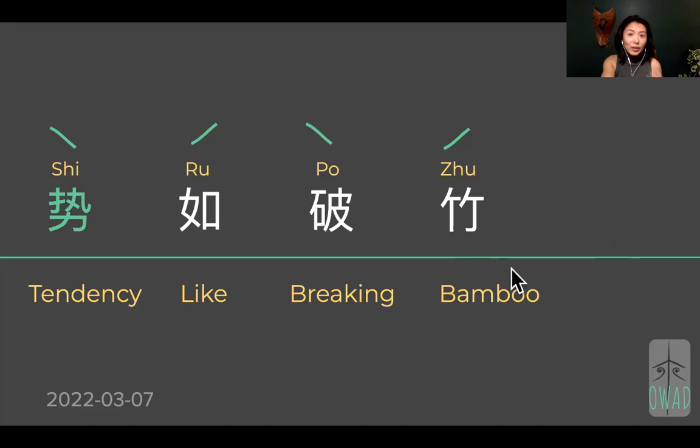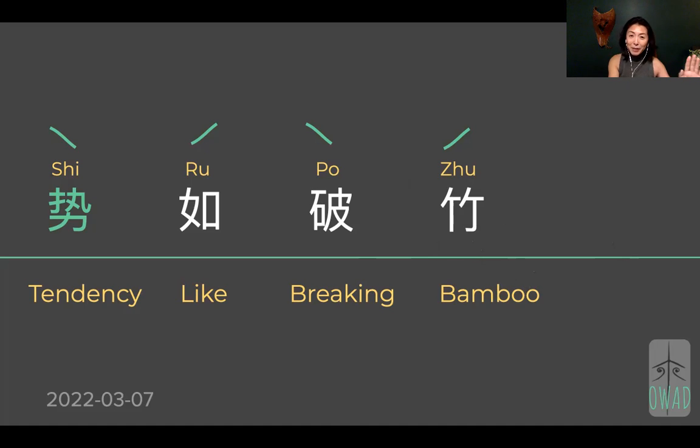Okay, 竹 is bamboo. It's easy to understand. It's almost like a visual depiction of bamboo, the tall stems, and then the leaves, the special bamboo shape, very slender leaves on top of it. So that's easy. 破. Okay, left and right structure. This is a classical sound maker on the right.